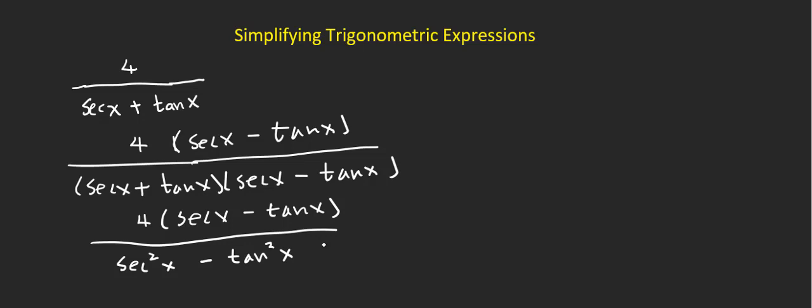Now, what do you do after you get to this point? Well, do you remember the Pythagorean identities? That tangent square x plus 1 is equal to secant square x. Instead of secant square x, we could substitute tangent square x plus 1.